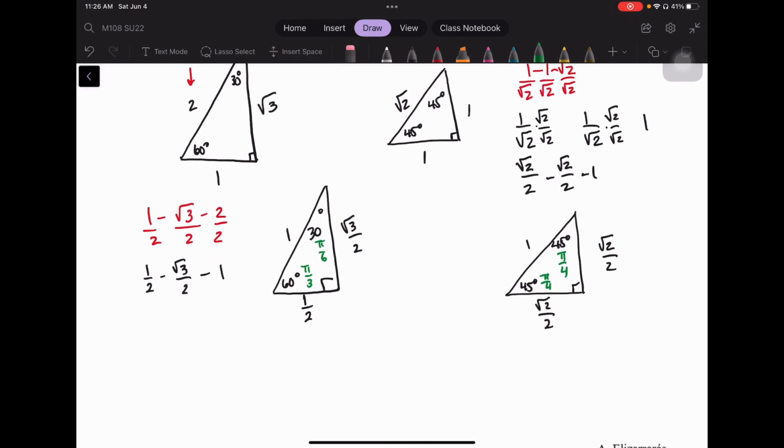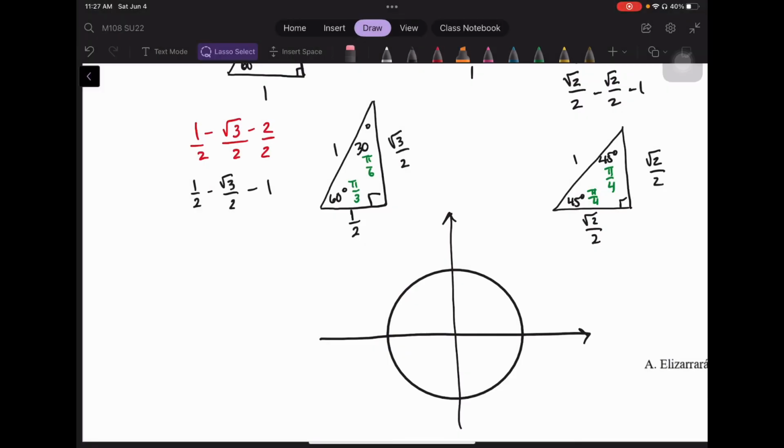I could then draw a circle. On this circle, I could create some points at a specific measure of theta. So let's say I start here, and I have a measure of pi over 6 for 30 degrees. And then I do pi over 4, or 45 degrees.